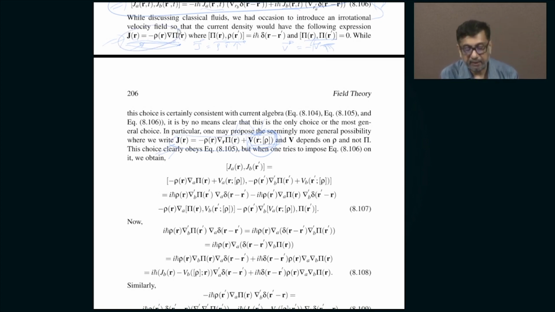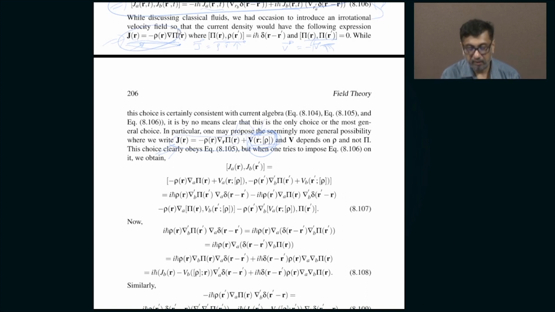Even if you make an effort to make this more general by adding some additional term like this, which happens to be a function of rho, it is just deceptively more general, because eventually you can subsume that into the simpler formula.